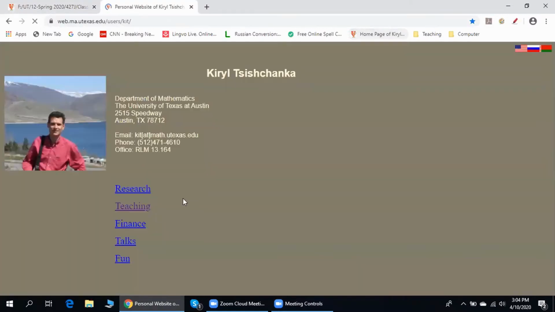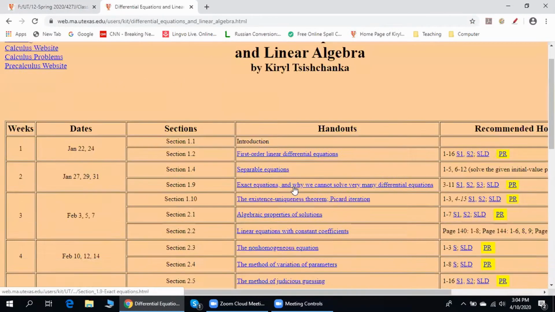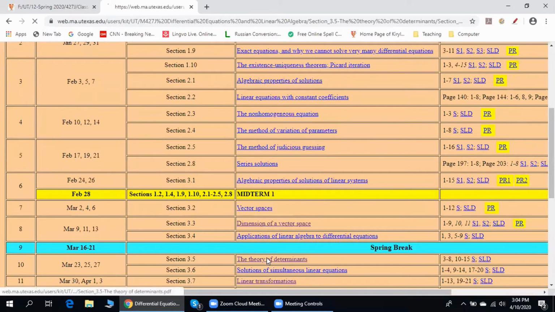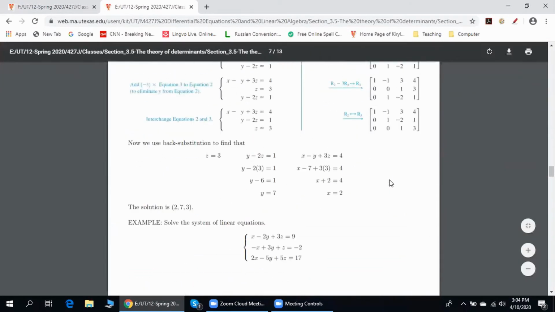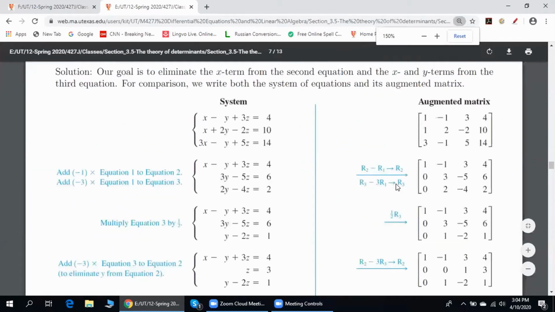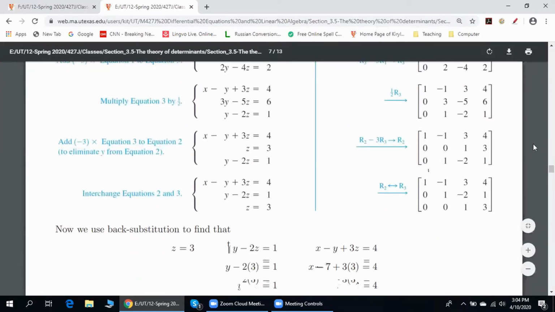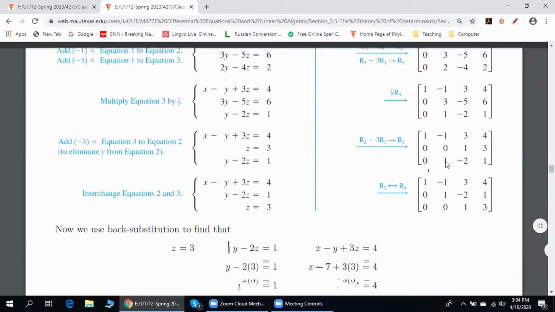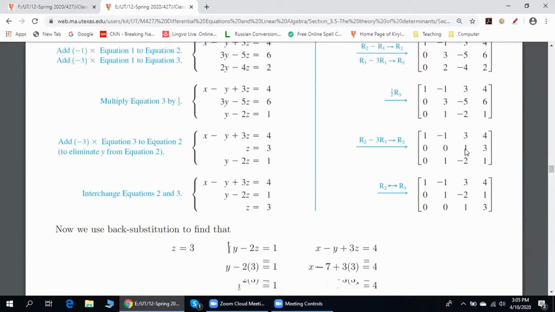Let us go back to section 3.5. Note that here in this example, this is not an echelon form yet, because these three ones play the role of black squares, but this black square is on the right of this black square.